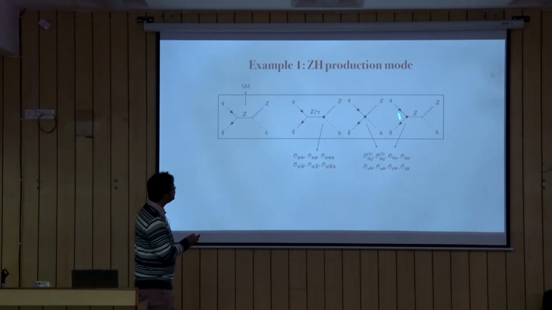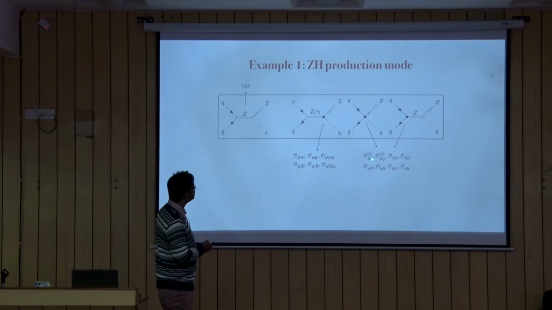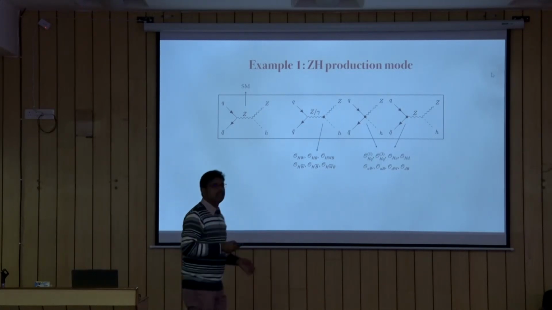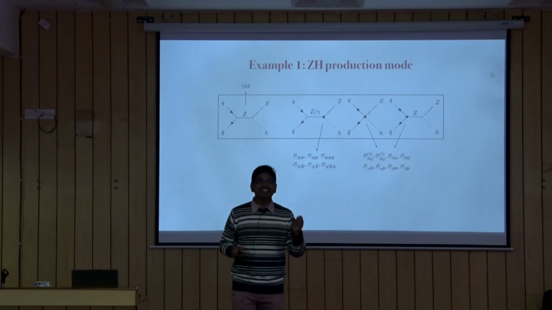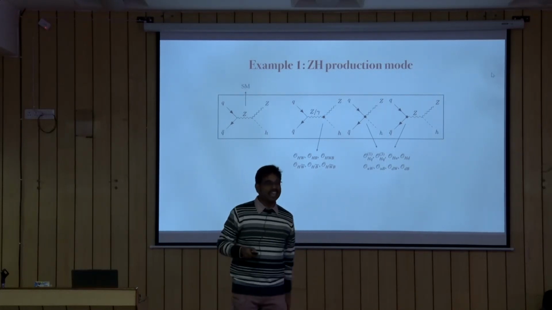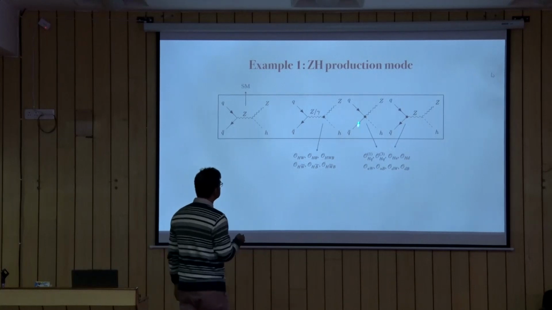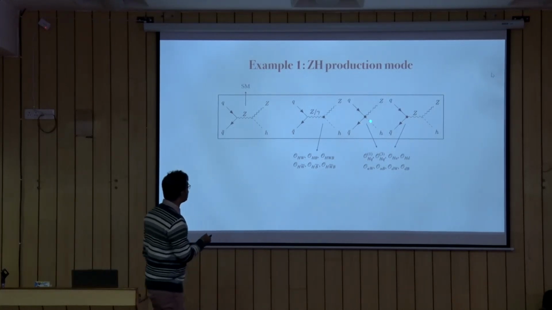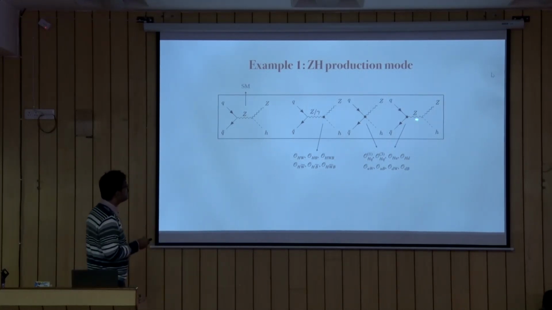This is a 4-point interaction that can be generated by these operators. Once again, you have to go back and see the nomenclature, what is O1HQ, what is O3HQ, but those will generate this kind of 4-point interaction, which is not there in the standard model. And similarly, you can also have an additional contribution to the Q Q bar Z coupling via these effective operators.